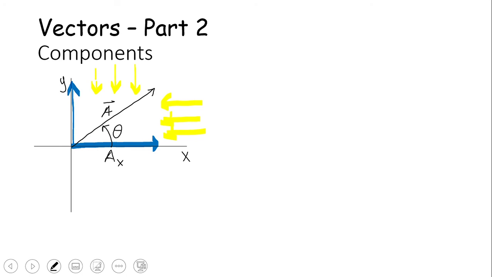This is also known as the projection of the vector a onto the axis y, which you label as a sub y. Now a sub x and a sub y are known as the components of the vector a. Now the question is, how can we get a sub x and a sub y if we know the magnitude of a and the angle?